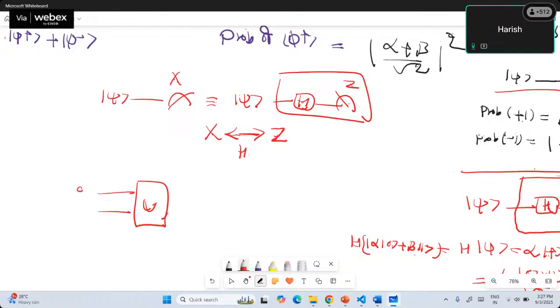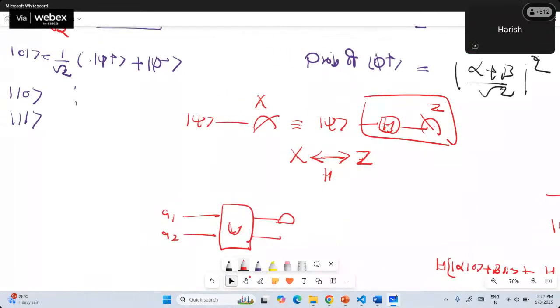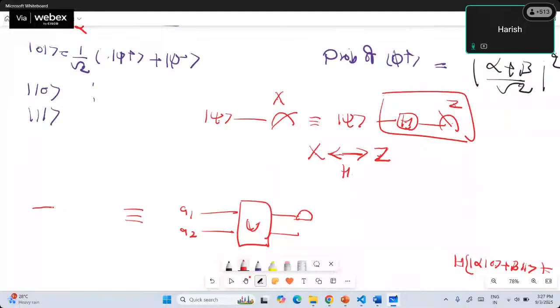There will be 2 qubits, q1 and q2, and you want to measure them in Bell basis.